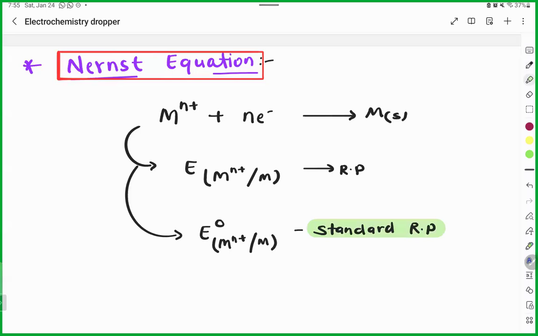In this case, if you are considering metal, pure metal in the solid form, you will always consider concentration unity, 1. Concentration for the solid metal will be unity, it will be 1 value.